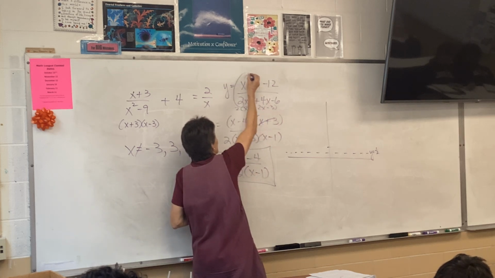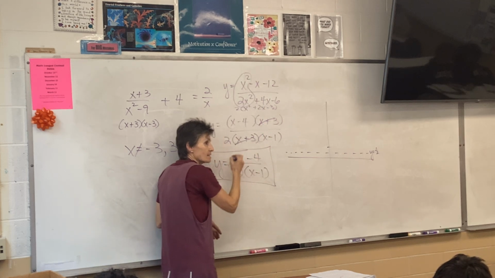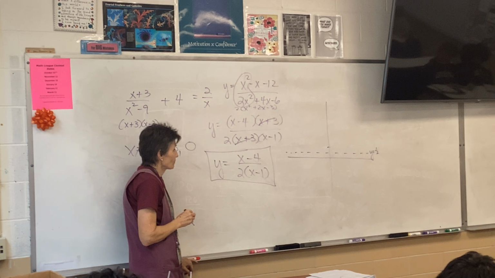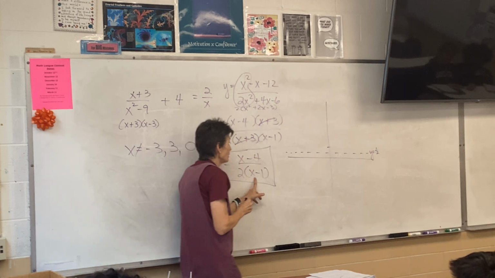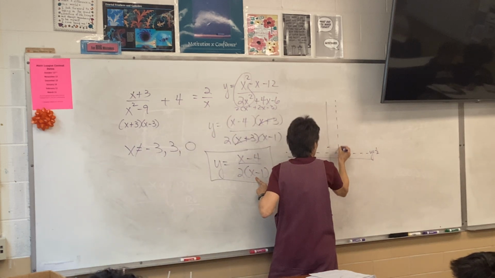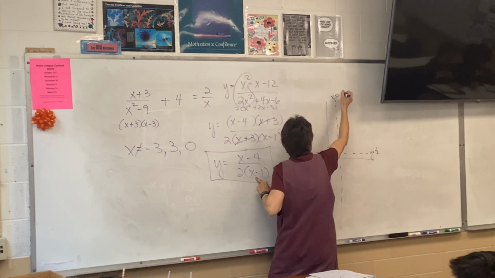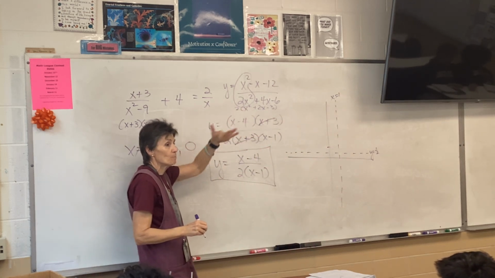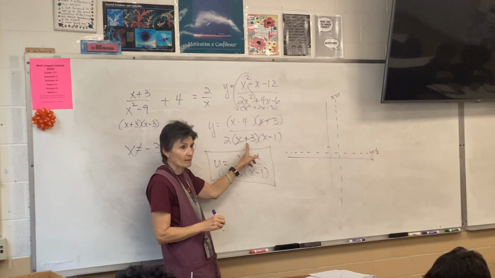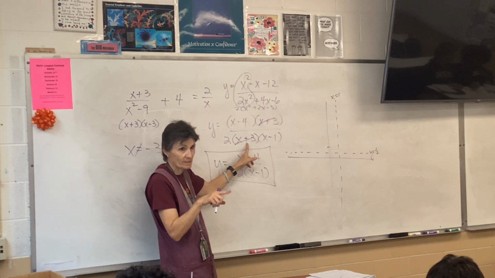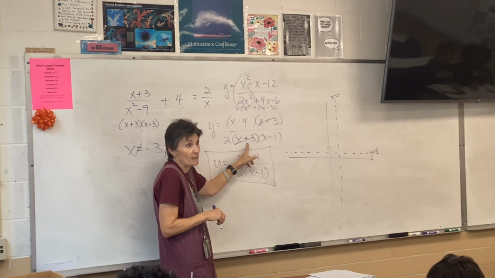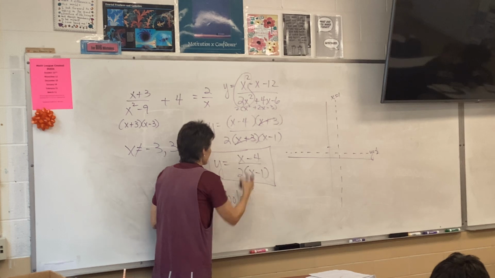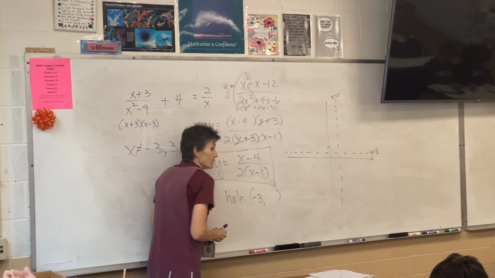The vertical is where x equals 1. Now, if you tried to do the vertical from back here at the beginning, you'd be in trouble, because that is not gonna be a vertical asymptote, even though it's in the denominator. It's going to be a hole. So we're gonna have a hole where x is negative 3.